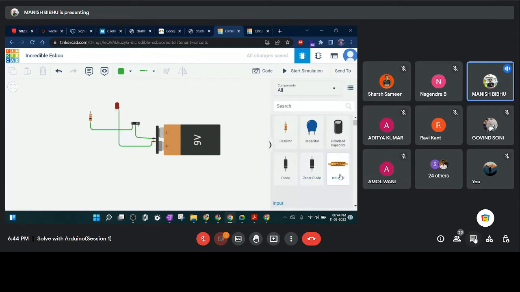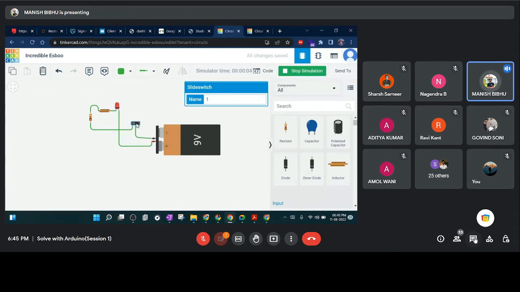Yeah, this is the inductor. In our house, the voltage and current are almost always changing. The speed of the fan is increasing and decreasing, the light is increasing and decreasing. For protecting from the sudden change of that current, we use the inductor.